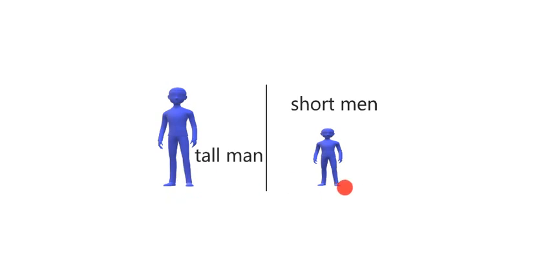Rather, we will say tall man and short man. So you see, when you see things that are not the same in height, then one thing will be shorter and the other thing will be taller. So this one is tall man and this one is short man.